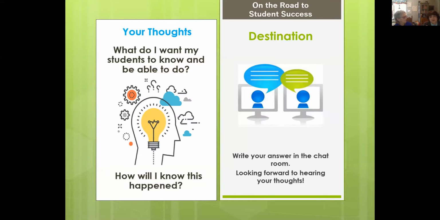But let's just break down that objective. What is it that we want kids to learn, and how do we know? Like, what does it look like when kids know, how do we know that learning has occurred? It reminds me of the conversation we were having earlier about choice boards. One of the things that you'll see in this chapter, how do we set forth choices for kids so that they can show the learning that we expect?